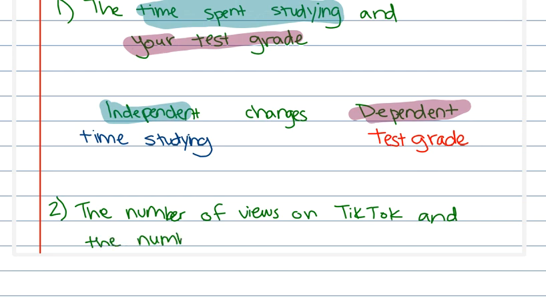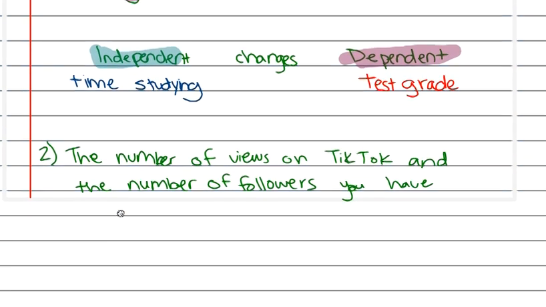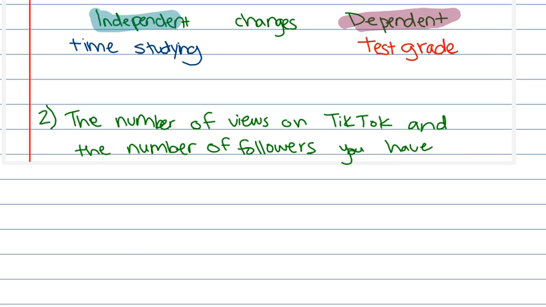These are variables because we can change them and we can measure that. You count followers, you count how many views you have, it shows up. So we're going to think of that as independent and dependent. Remember, independent changes dependent.